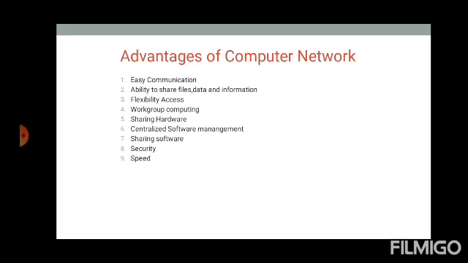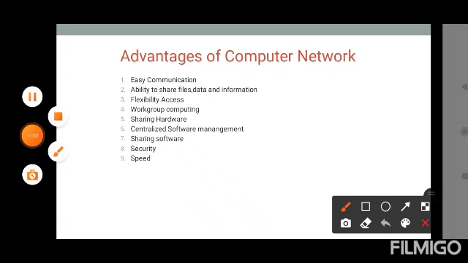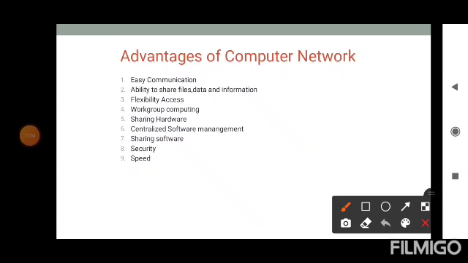Then flexible access of files from computers throughout the world in a 24/7 environment. Workgroup computing: workgroup software allows many users to work on a document or project concurrently. Then sharing software. Users can share software within the network easily.